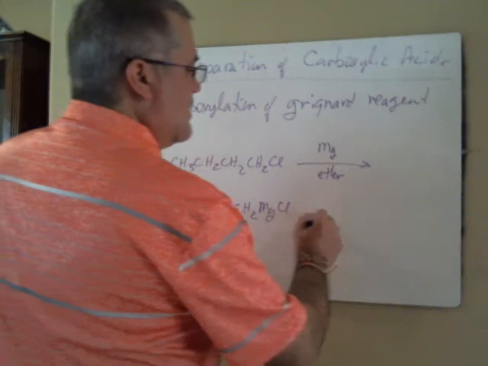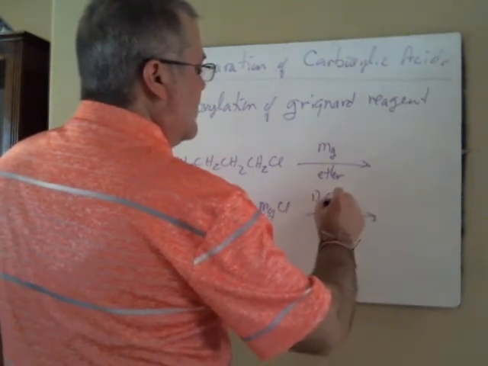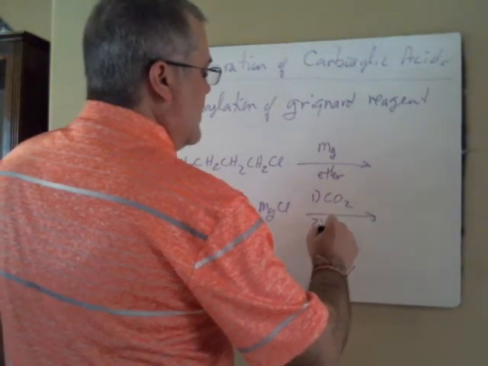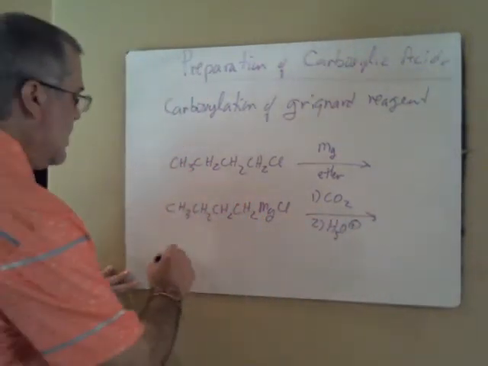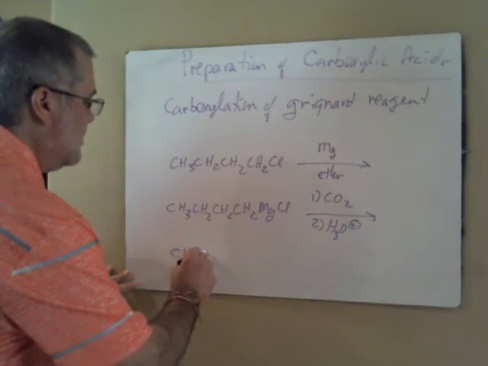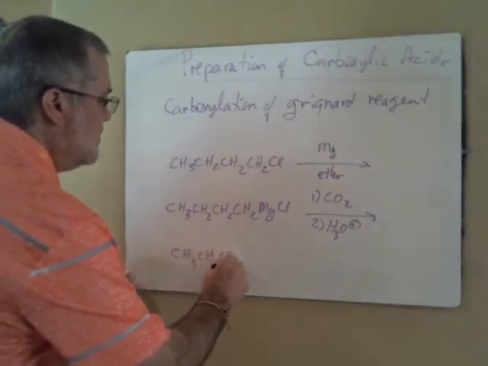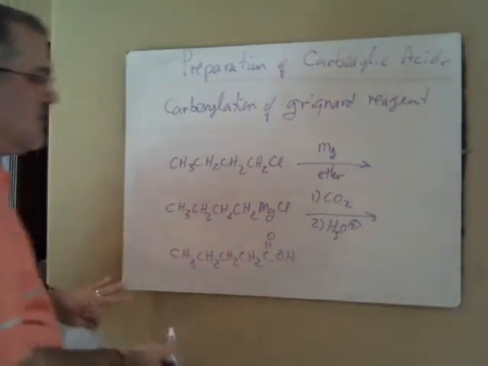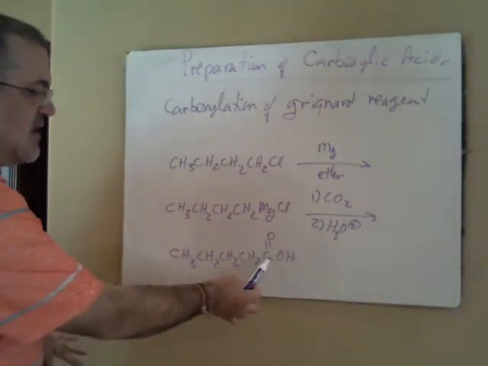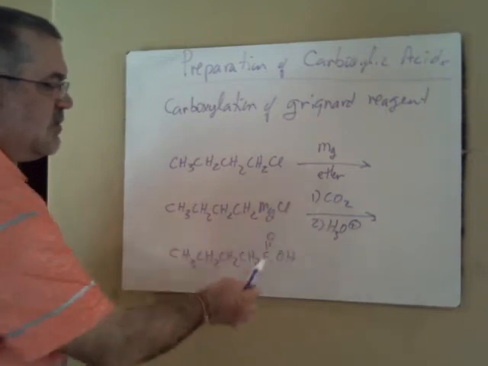Okay, and then I take that and I treat it with CO2, followed by an aqueous workup, and now watch this. I had 4 carbons in my Grignard, and now I have 5 carbons because I've added this. This comes from the CO2.